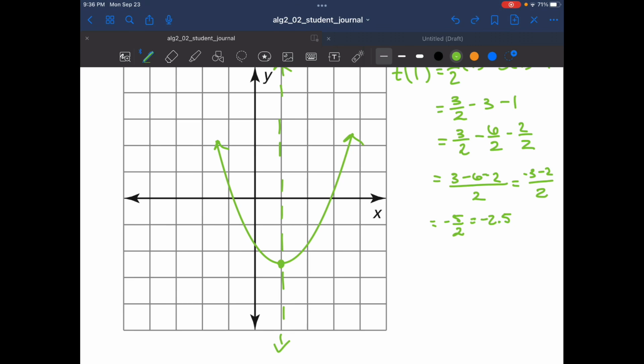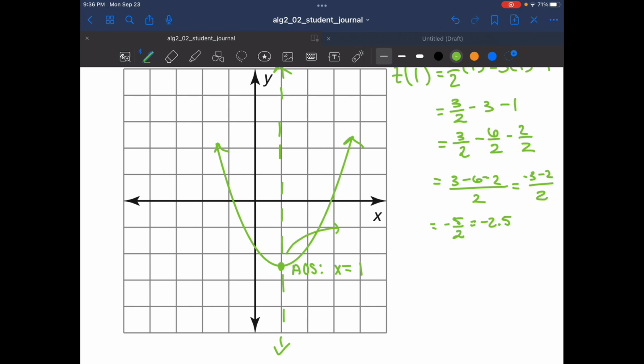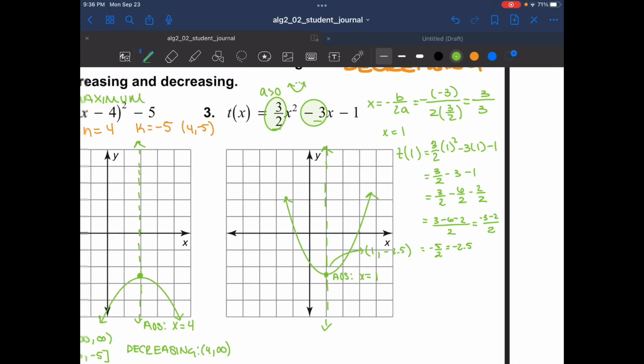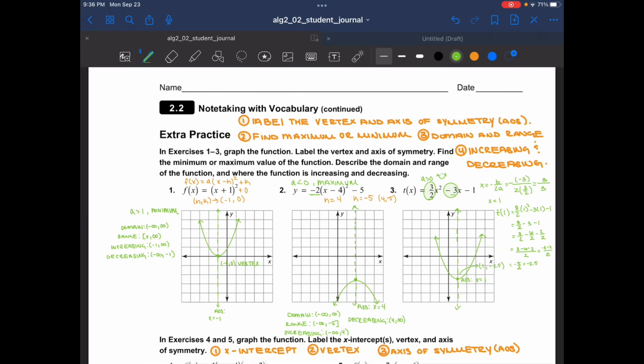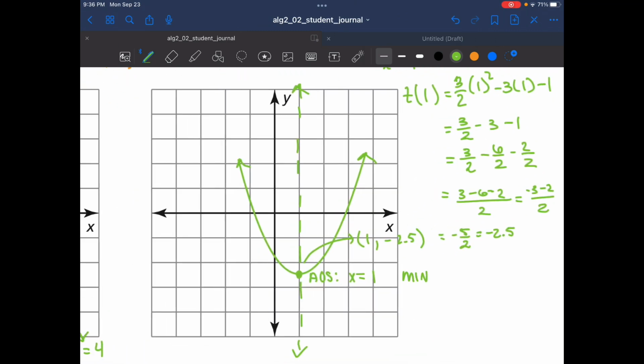So our axis of symmetry here, this is going to be AOS, which was x equals 1. And then our vertex was 1, negative 2.5. Okay. We have a minimum here. Okay. I should probably write minimum.